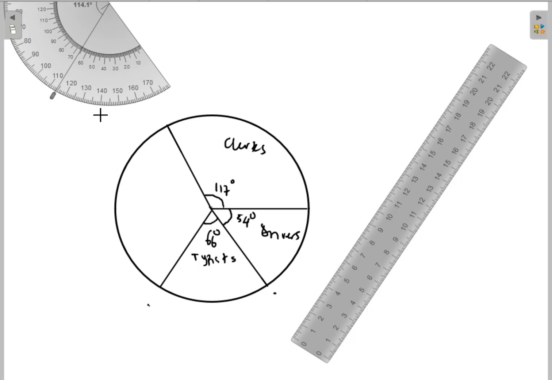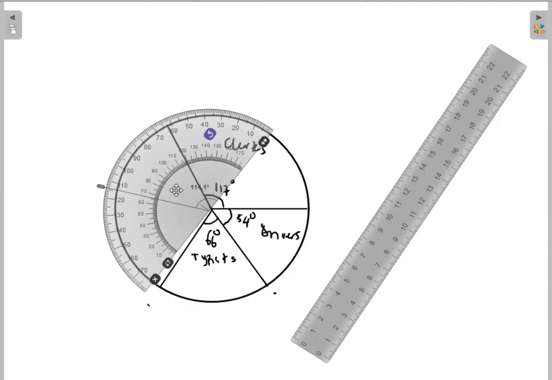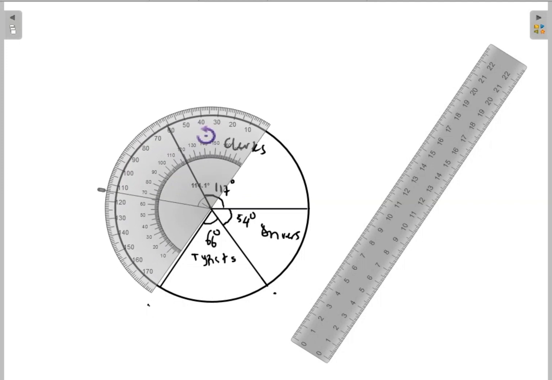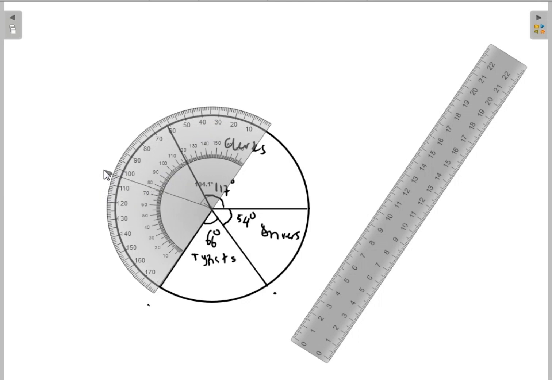The next one is for messengers. You have 78 degrees. Let's just say approximately at that point.